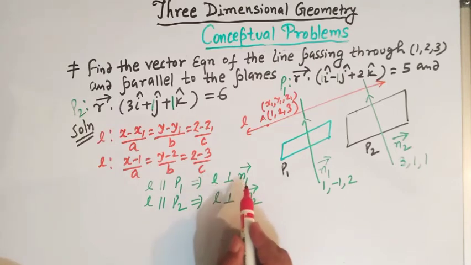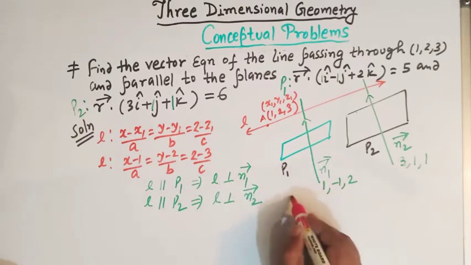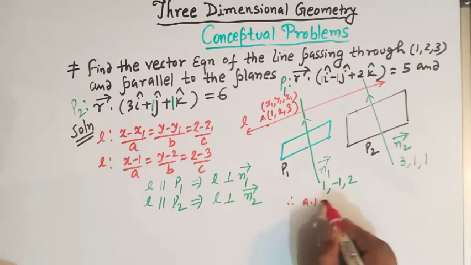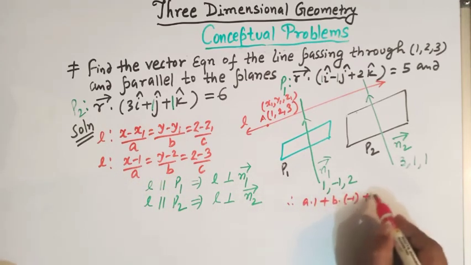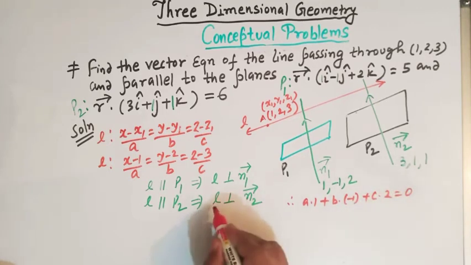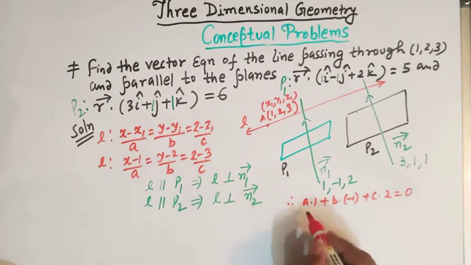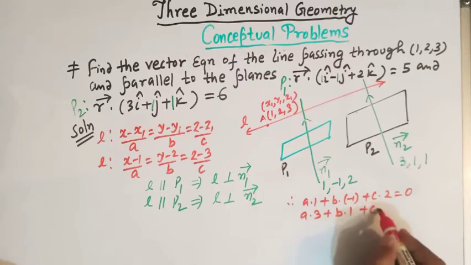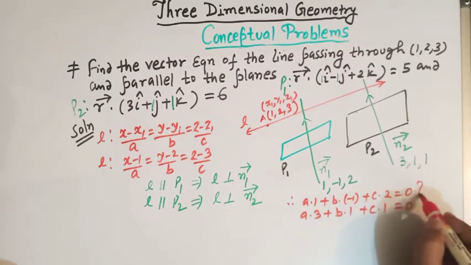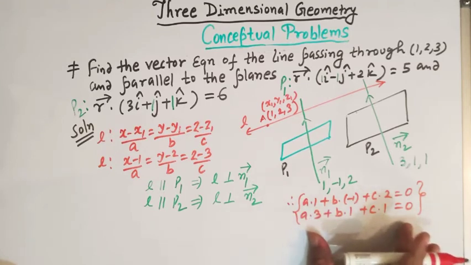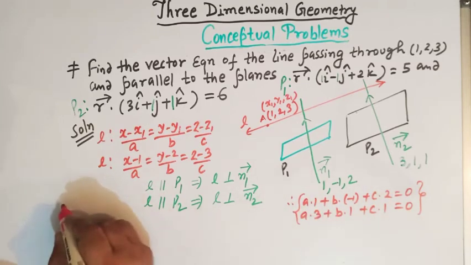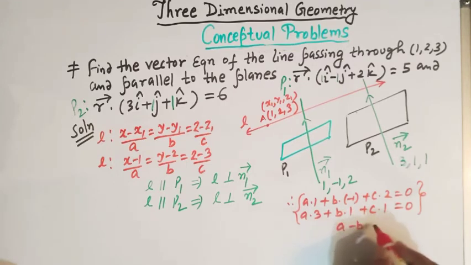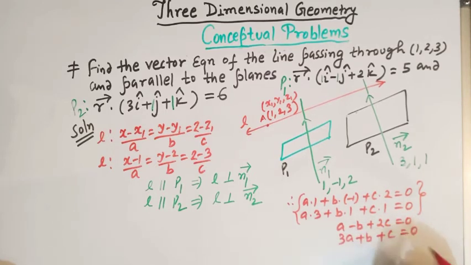L is perpendicular to vector n1, so we have a times 1 plus b times minus 1 plus c times 2 is equal to 0. L is perpendicular to vector n2, so we have a times 3, b times 1, c times 1 equal to 0. Now if we simplify these two equations, we get a minus b plus 2c is equal to 0, and 3a plus b plus c is equal to 0.